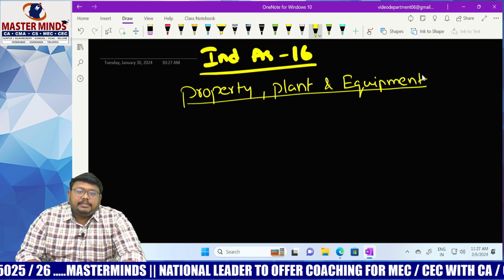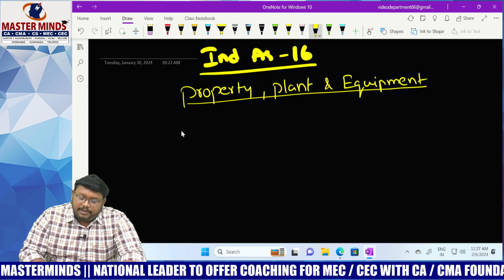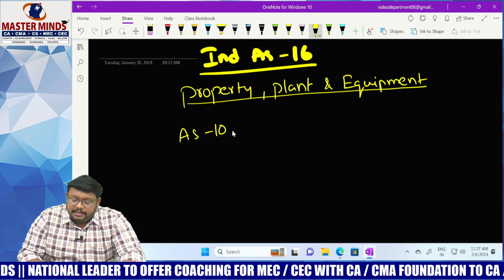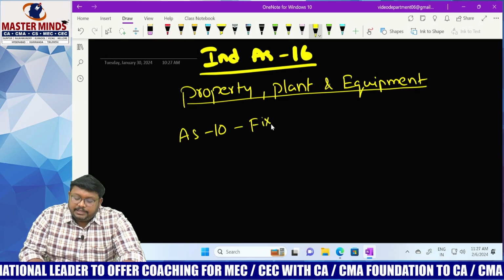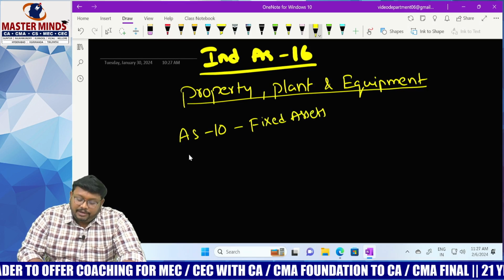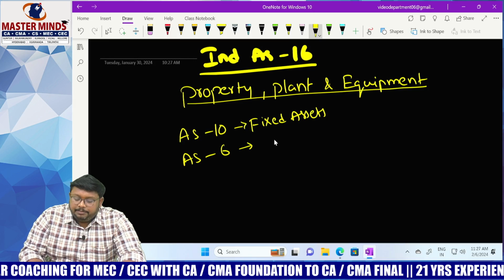So what is this standard, sir? Property, plant and equipment. As per accounting standards, we have AS 10. Initially, we had Accounting Standard 10, which deals with fixed assets. And before that, we had Accounting Standard 6, which deals with depreciation.